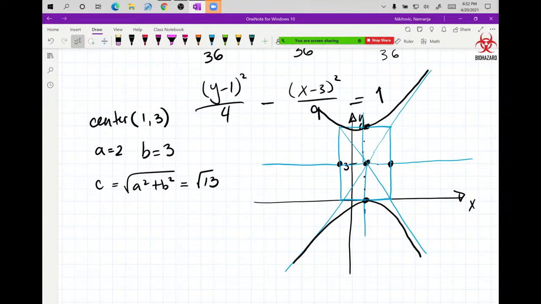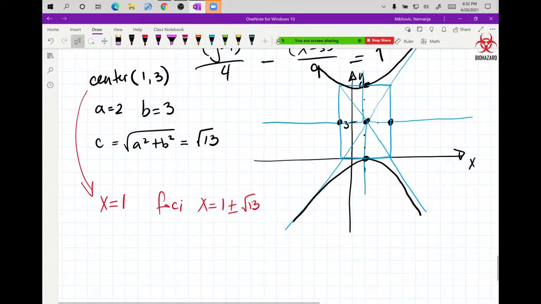Please note that your focal points, right, they're x values, so you can just add and subtract again from the center point. So the center point will have the x coordinate to be 1. And then for foci, right, focal points, all I need to do is say x equals 1 plus or minus square root of 13. That's all we do.